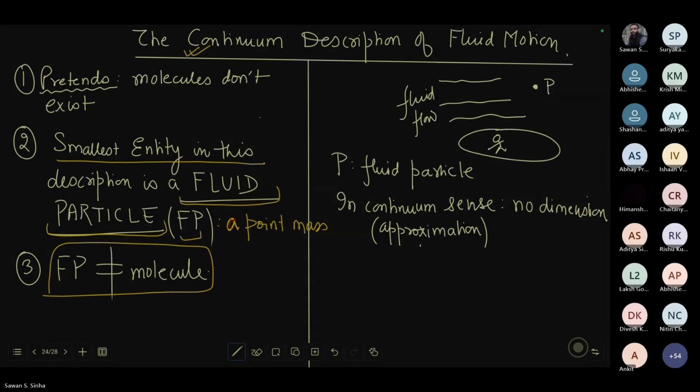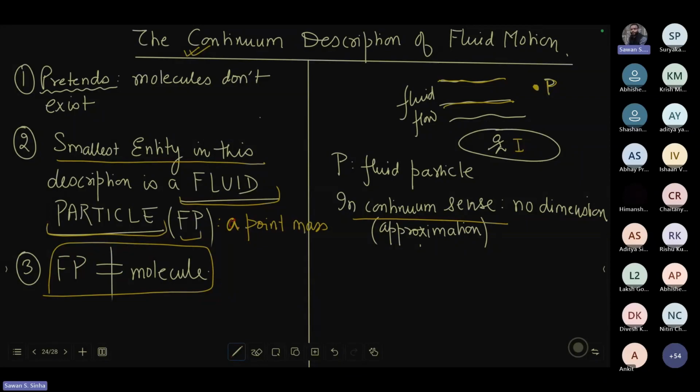So there is a fluid flow, there is this inertial reference frame. In continuum description, you consider a point mass, and that is a fluid particle. Indeed, in the continuum sense, it has no dimension. But if you talk in terms of absolute scale, a fluid particle does have dimension.